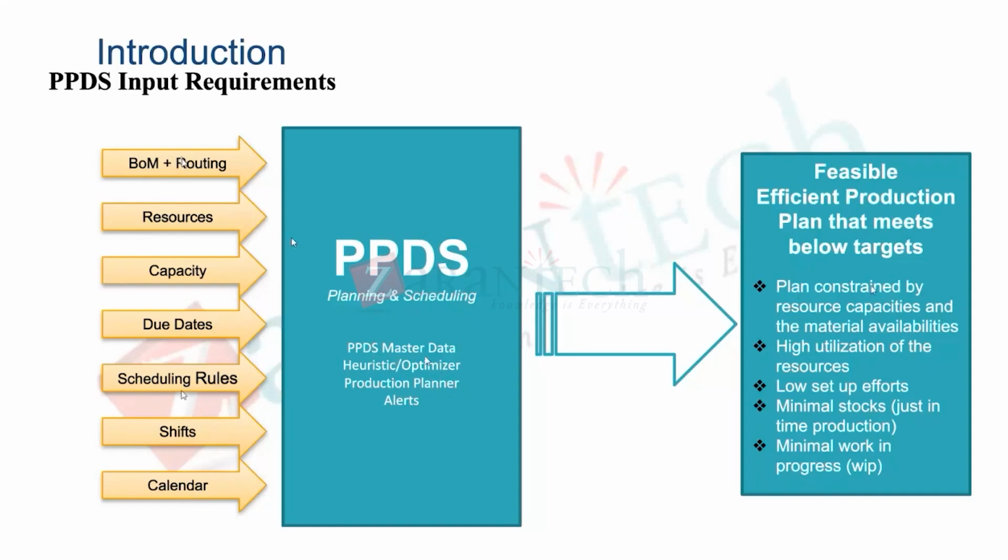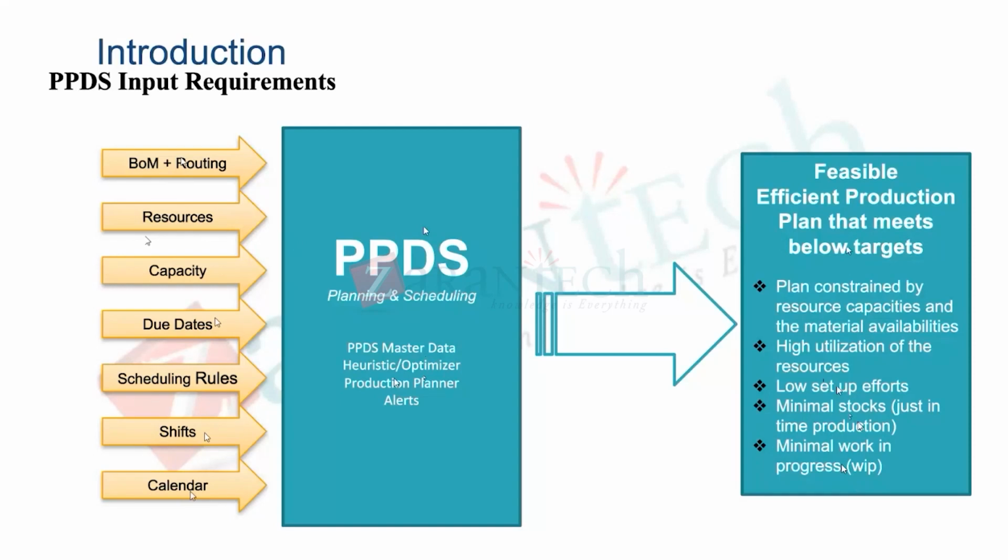We choose one of them, and the outcome of PPDS is an efficient production plan that is constrained by resource capacity, so it's a finite plan. You cannot have overload of the capacity. You can have that, but you will have an alert, correct? You have highest utilization, lower setup times, and minimum stocks because it would try to fulfill on time and avoid early building, and minimum work in progress.